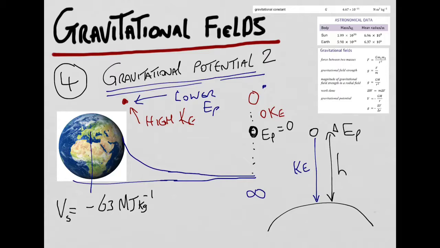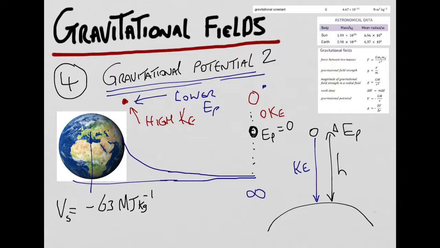Much better is an equation where we don't have to worry about that, and that's where V comes in, because V gets rid of our M factor for us, because it's the work done per unit mass. So rather than think about what value of GPE you'd have at different points away from the Earth, we look at what value of gravitational potential we have.